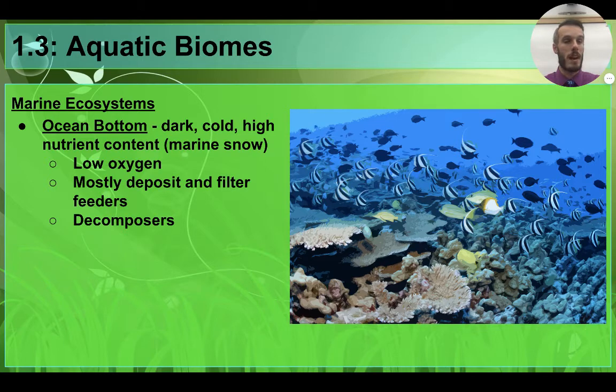They're being broken down, but they don't get completely broken down until they get to the bottom. So as a result of all the decomposition that occurs, there's pretty low oxygen, a lot of deposit and filter feeders. So animals that are going to be feeding on the snow that's coming down from above. So a lot of decomposers there.